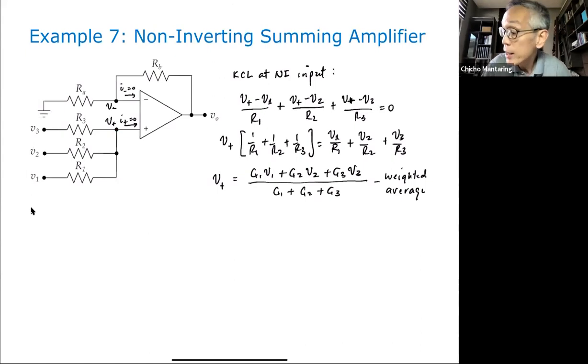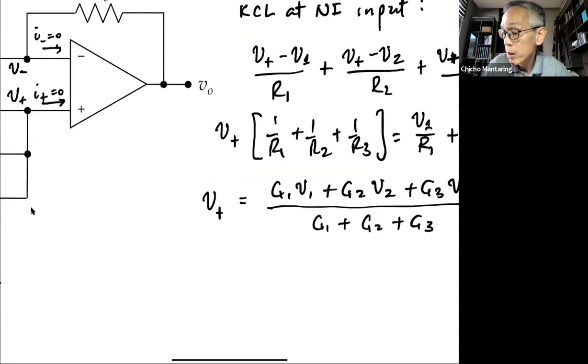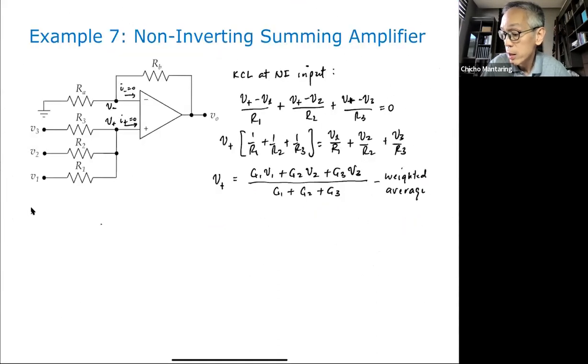If we apply now KCL at the inverting input, I'll just go ahead and do it now. So you have V minus over RA, plus V minus minus VO over RB.